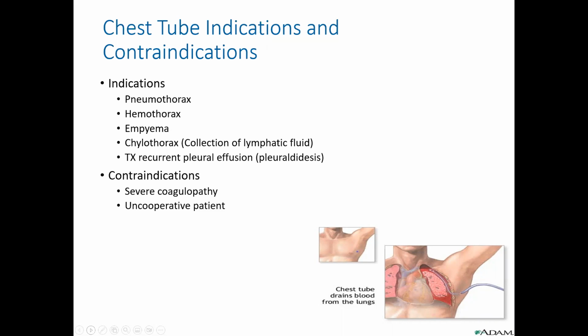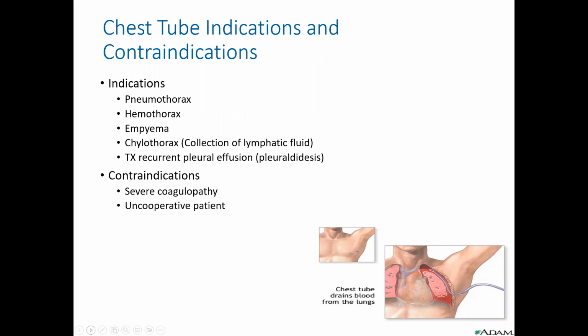It's known as pleurodesis, where a patient, and again, unfortunately, the most common cause of a recurring pleural effusion would be a malignancy. You're not curing the malignancy or treating the malignancy, you're treating a symptom of it, a recurrent, a stubborn pleural effusion.